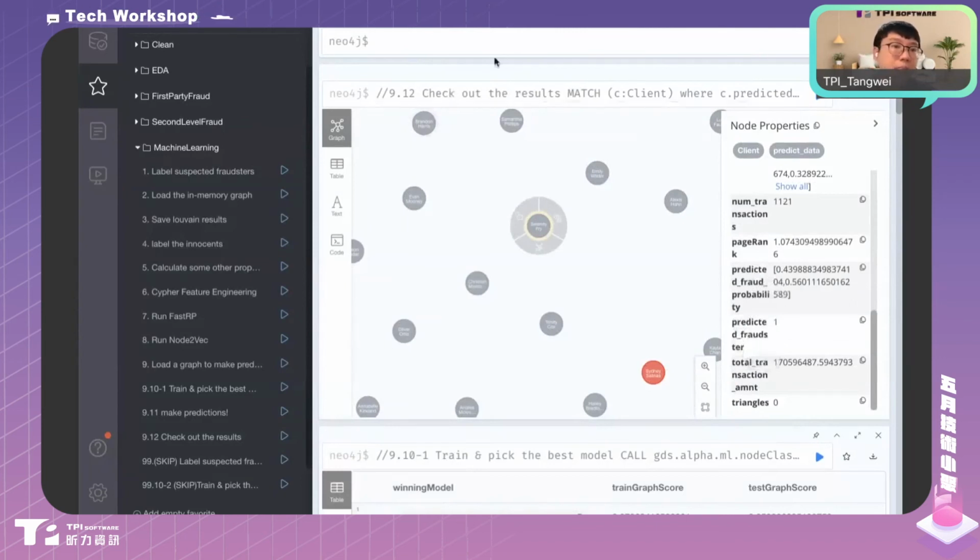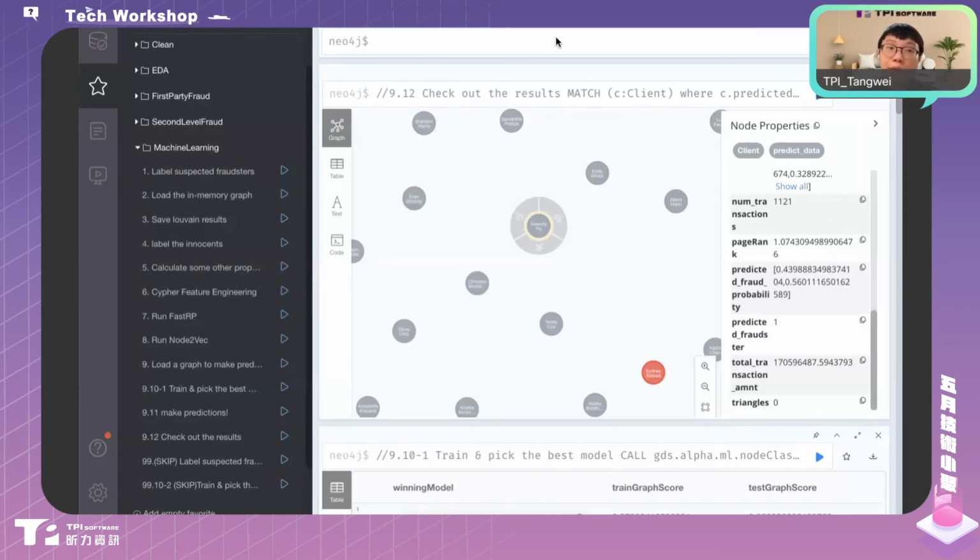Okay, so I think this is the end of the demo. In this demo, we detected the first party fraudsters, and then we detected the second level fraudsters. Also, we used the machine learning approach, like labeling data, doing some feature engineering, and doing node embeddings like FastRP or Node2Vec as feature inputs to our final machine learning model.